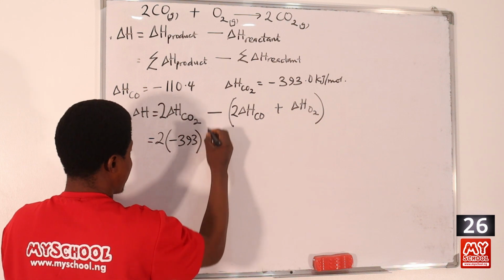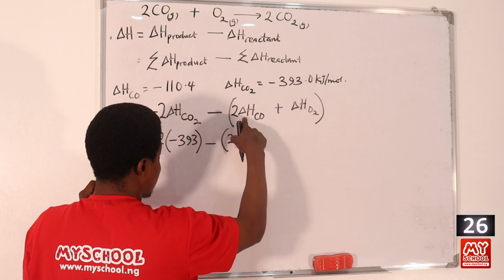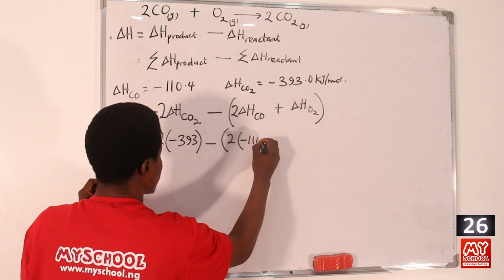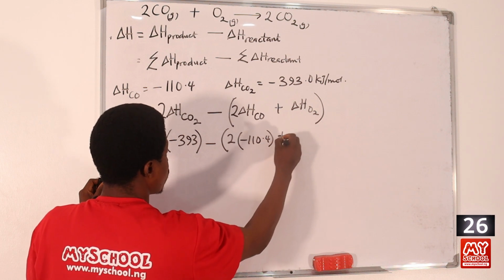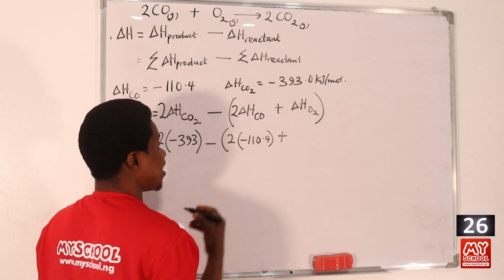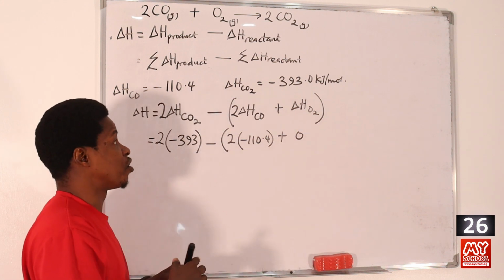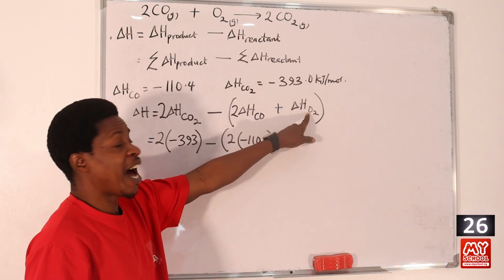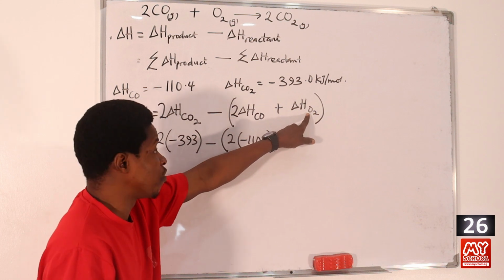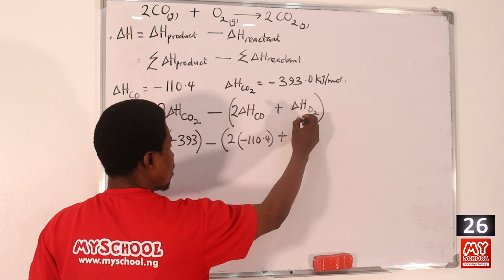Then we have minus 2 times the change in enthalpy of CO, which is negative 110.4, then plus the enthalpy change of oxygen, which is actually 0. The reason being that the standard enthalpy of formation for molecular oxygen is 0, because this is the most stable form of oxygen. So it's usually 0.